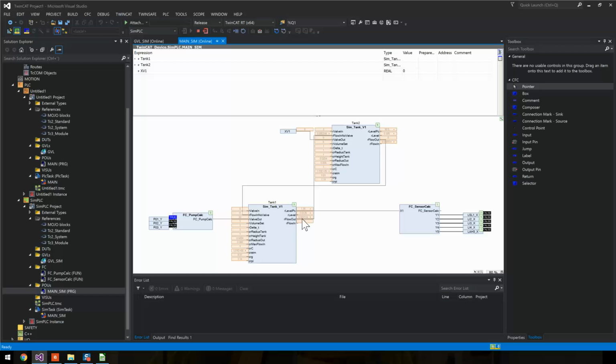The flow going out of tank 1 is something, and then tank 1 is emptied. This one is not increasing because this one is empty, and it's not emptying anything. So let's mess with XV1. Let's say 10%. Stuff is happening.